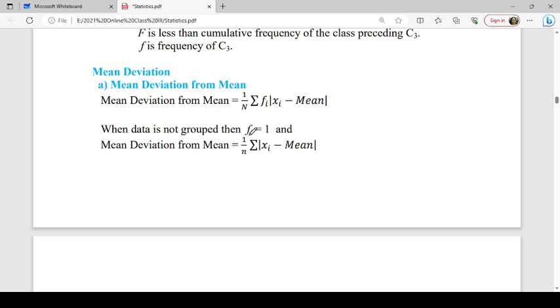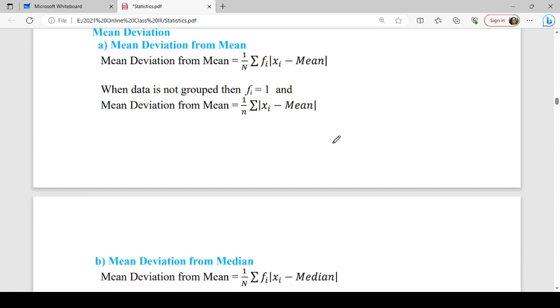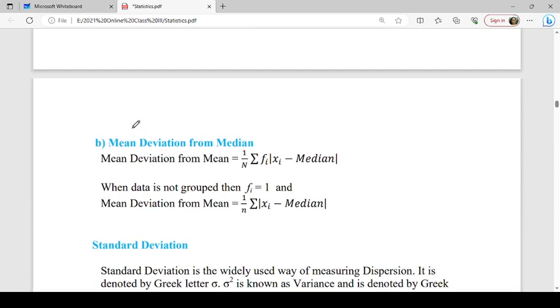When data is not grouped, the frequency is 1, so every value you are counting has frequency 1. So this is mean deviation from median. First find the median of the data and then make this column xi minus median, then take the absolute value, and it is this formula.